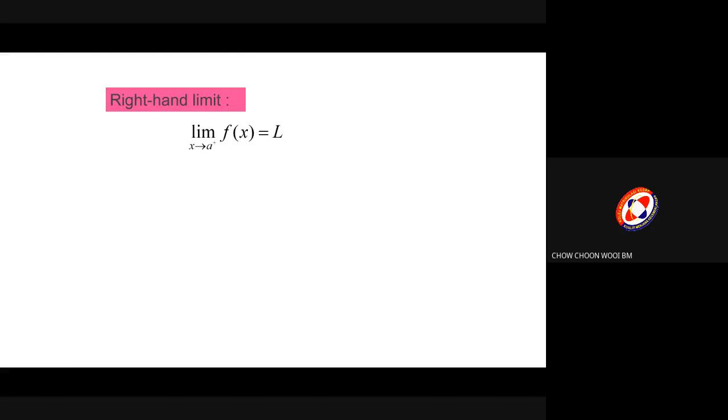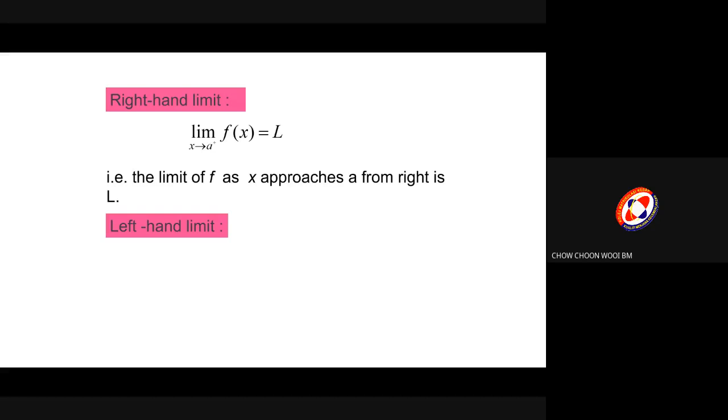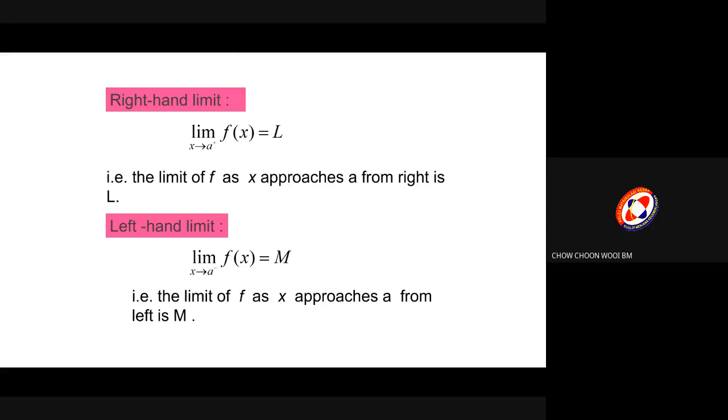So if you look at this one, right-hand limit: the limit of f(x) as x approaches a from the right is equal to L. So the limit of f as x approaches a from the right is L. Left-hand limit: the limit of f(x) as x approaches a from the left is equal to M. We read it as 'from left'.